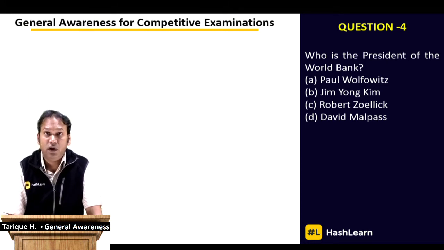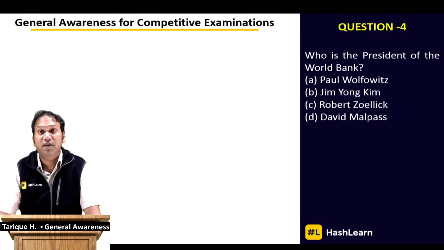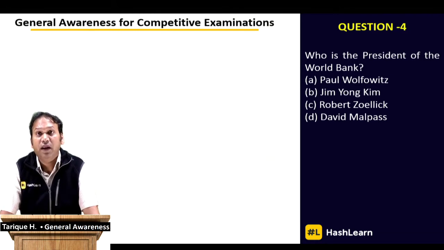Again, headquarters, heads, the year when the organization was founded. In my previous video, I had discussed with you that the World Bank was founded in the year 1945, and it was a culmination of a series of discussions that were held in the US, and the discussions that led to the formation of this important financial organization, the World Bank.